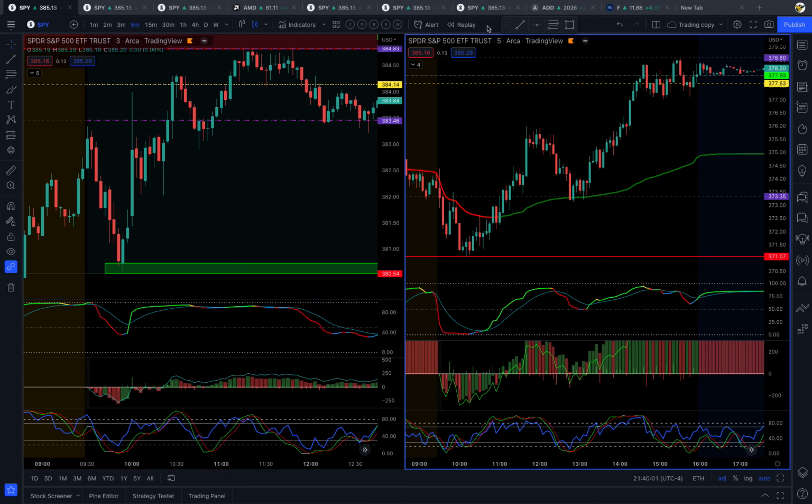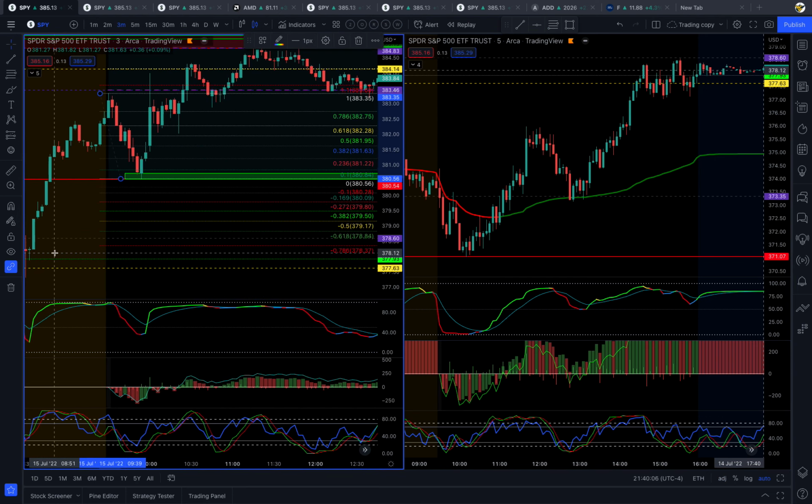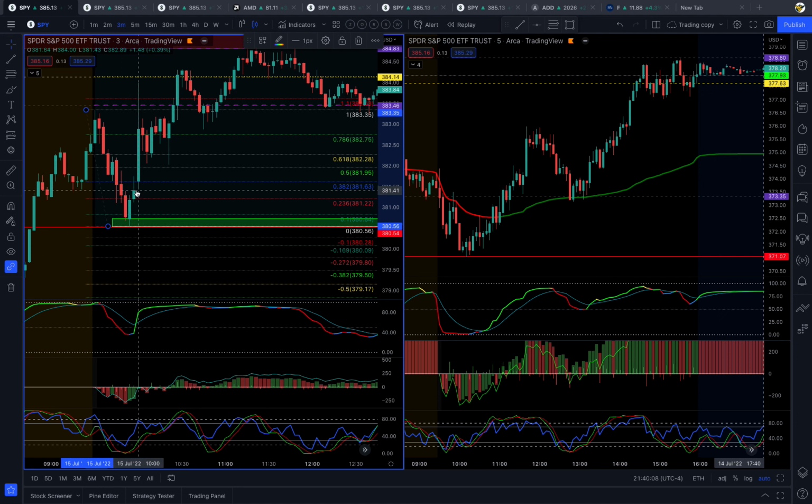So let me draw my fib. I draw my fib lines, and what I'm looking for is that 382 level, to see if it's going to bounce. But since the RV was green here, I won't get into a put, because that's telling me it's still going up. The weighted is close to the 0 line.